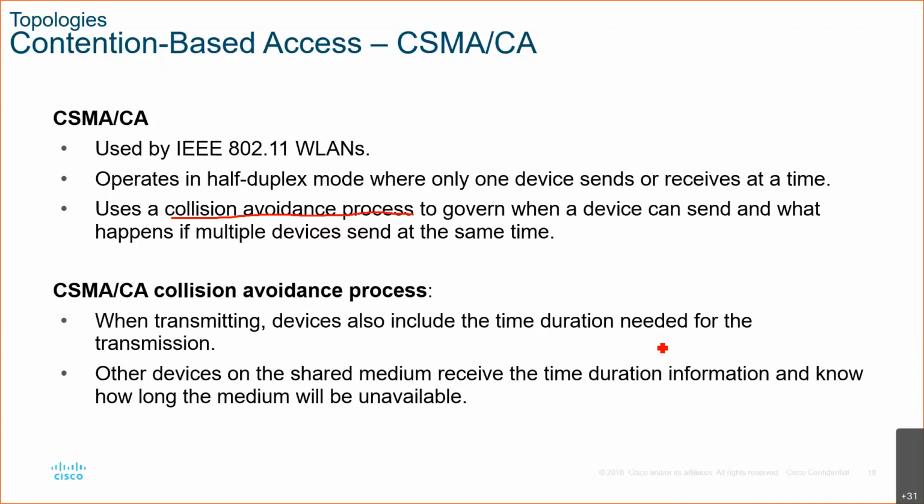So all the other devices, what they do is they will not send until that device has finished. Other devices on the shared medium receive the time duration, and they know they have to wait until that device is finished. So that's why they call it collision avoidance. Okay.